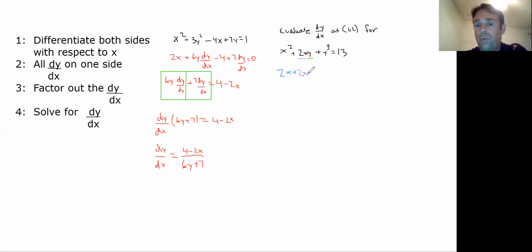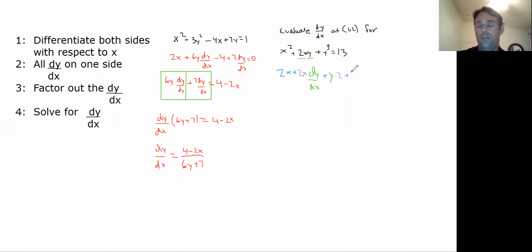So the derivative of the second term, the y, is 1 dy/dx. Plus the second term, that's the y, times the derivative of the first term. So the derivative of the first term, 2x, is 2. So I had to do a little product rule in there.